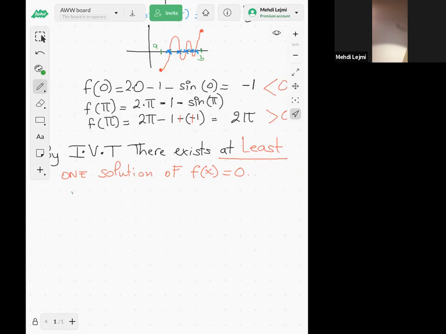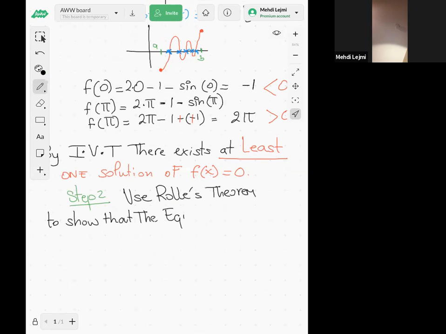So in this step 2, I'm going to use Rolle's theorem to show that the equation has no more than one solution.